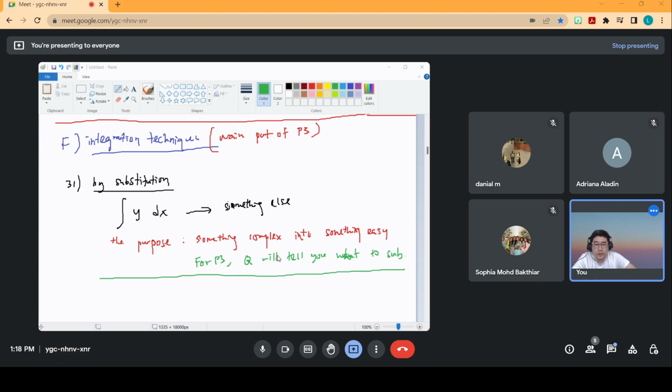Maths P3, integration. Let me check, let me see if there is anything here.